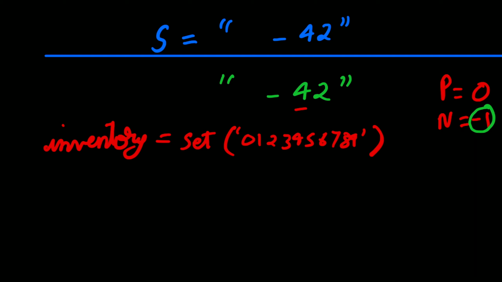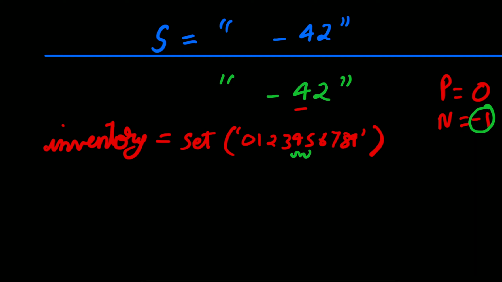Why are we checking that? Because in case we come across symbols like asterisk or percentage or any other symbols, we don't want to include that, right? So we'll first check if it's there in our set or not. So in this case, 4 is there in our set, right? 4 is there over here.